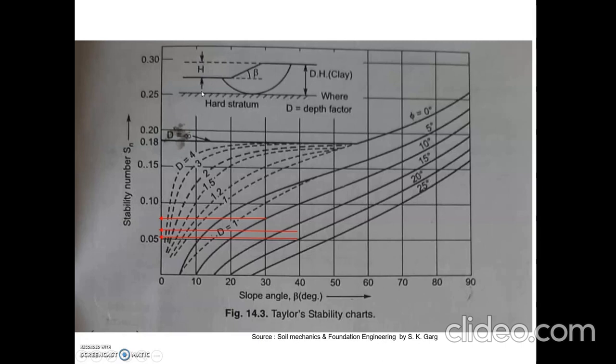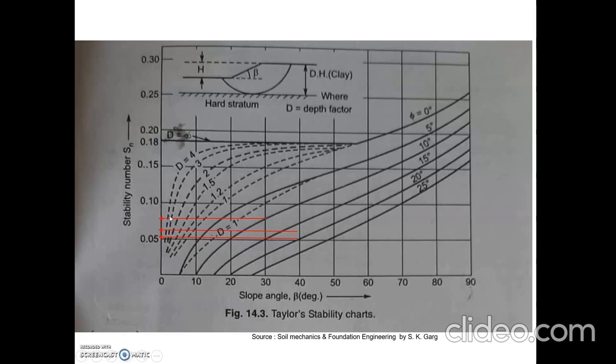Maybe we can take it as H1 from the ground surface. So this represents the ground surface and this is the top of the embankment. So D into H, that is depth factor into the height of the slope, will be equal to H plus H1.